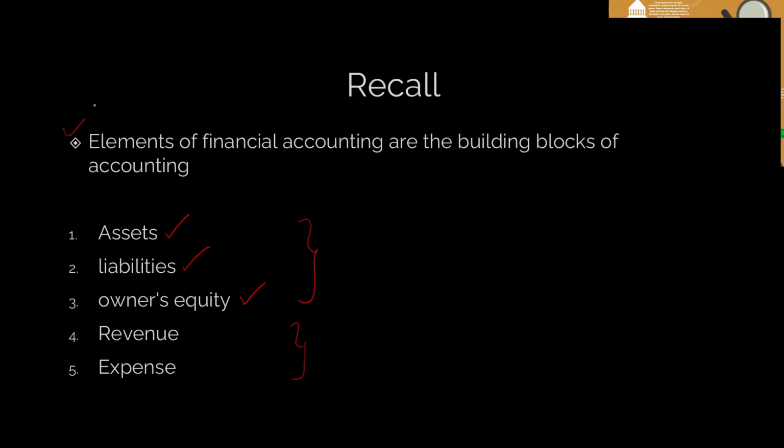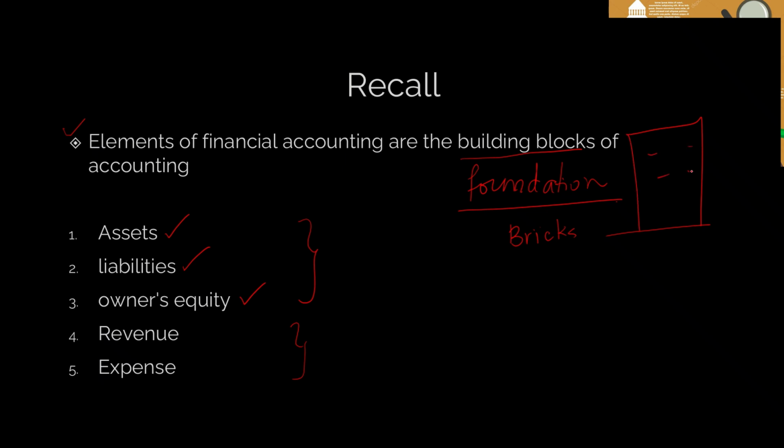Recall that the elements of financial accounting are the building blocks of accounting. By building blocks, we mean that they are the foundations. For example, if somebody has to make a building, the basic building blocks of the whole building are the bricks. If bricks are missing, the building is weak, and most probably the building cannot be made.